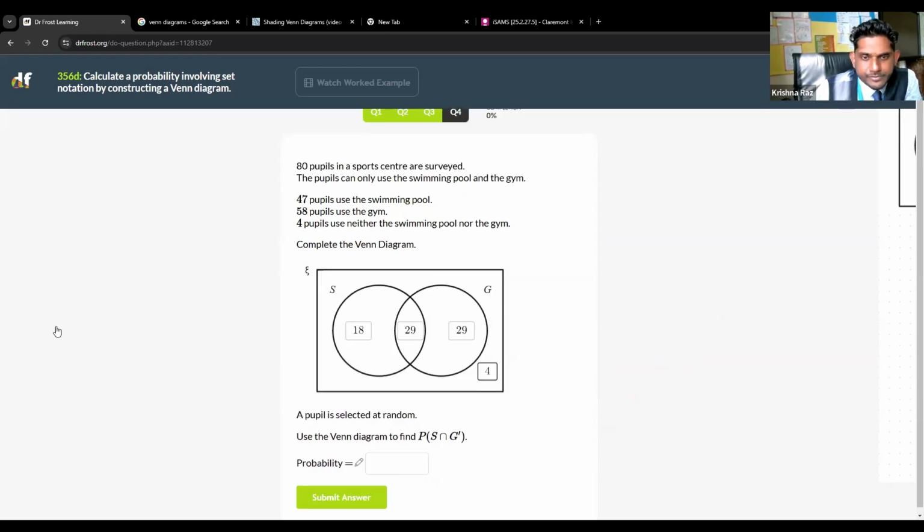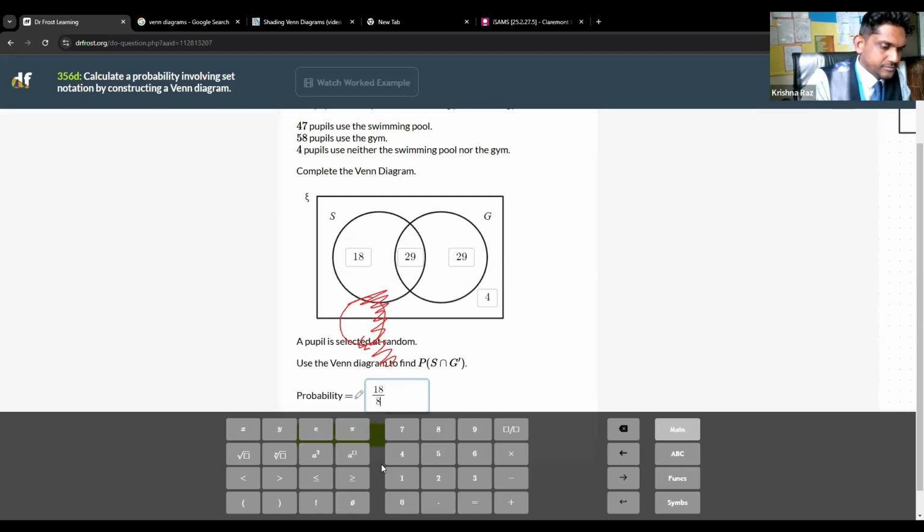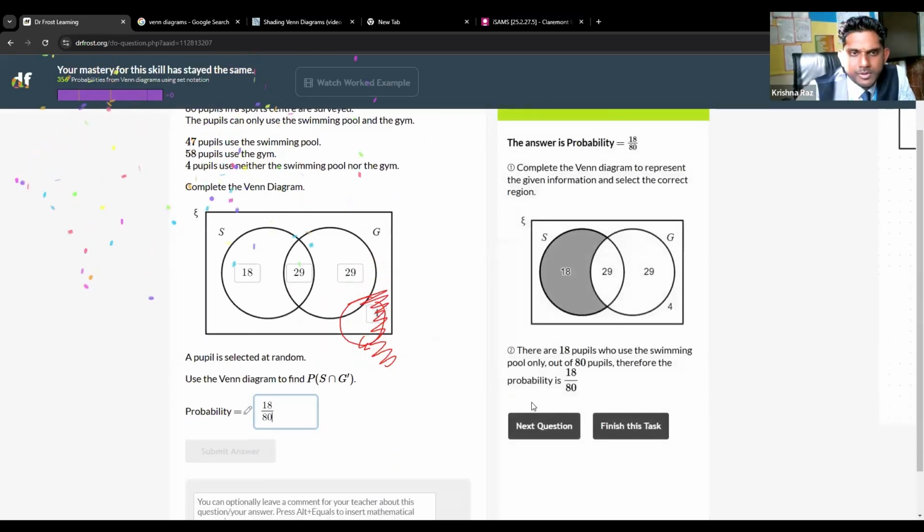Yeah, we do. So the probability of S and not G is just that bit, because that is S and not G. So we don't want anything else. So we've got 18 out of 80. Boom.